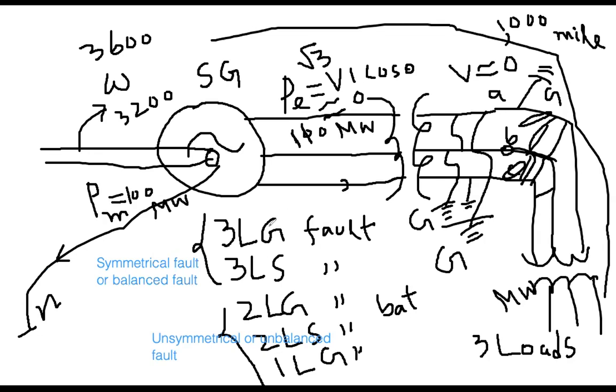But in the symmetrical case, although the fault current magnitude will be higher, because they are balanced there will be no zero sequence current. So the neutral will be safe. Neutral current will still be zero for this one or this one. But the unbalanced cases are much more detrimental, or they have a much more negative impact.